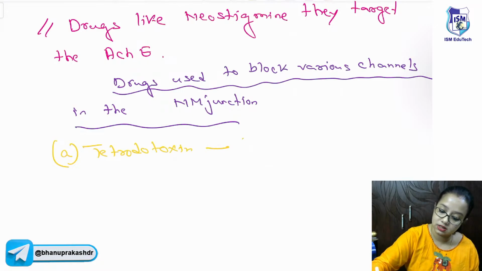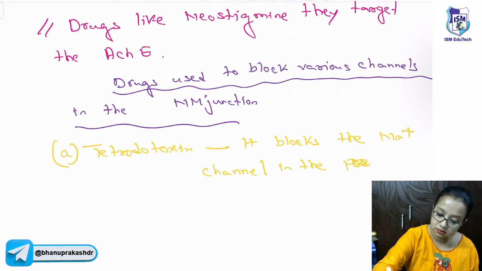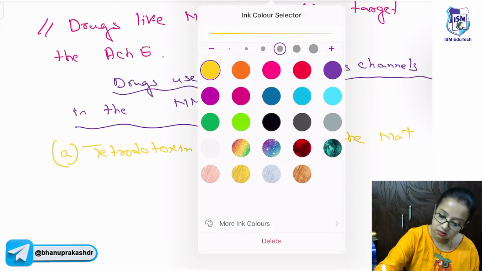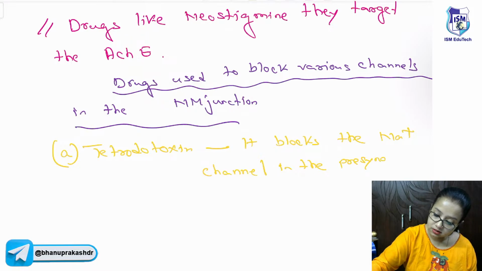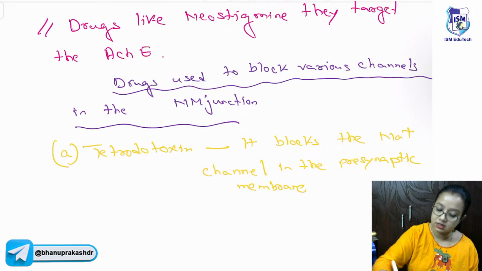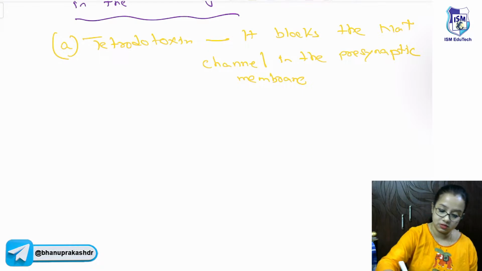What does tetrodotoxin do? It blocks the sodium channel in the presynaptic membrane. This tetrodotoxin is a toxin from a puffer fish. It will block the voltage-gated sodium channel.